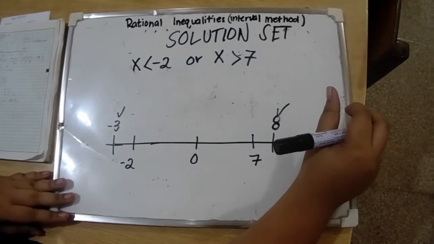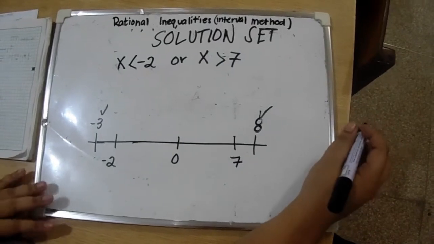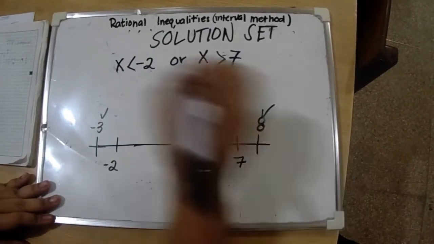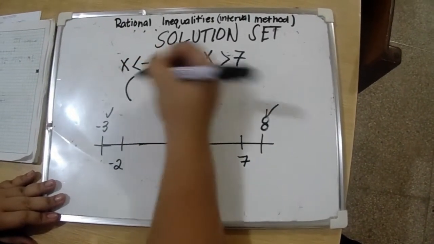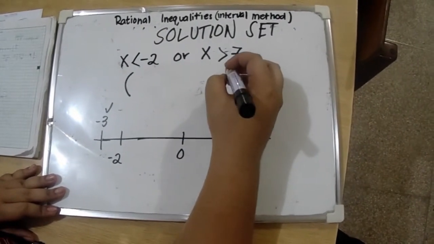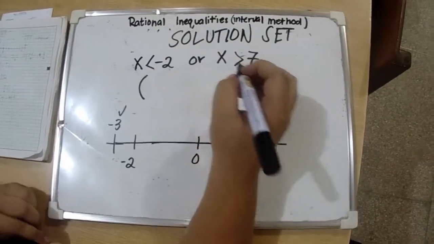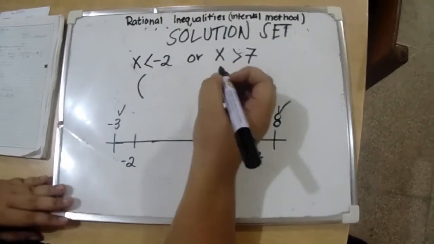So how are we going to use the brackets? In here, we use parentheses because the symbol that we use is greater than and less than.